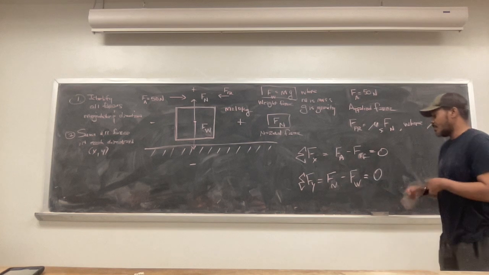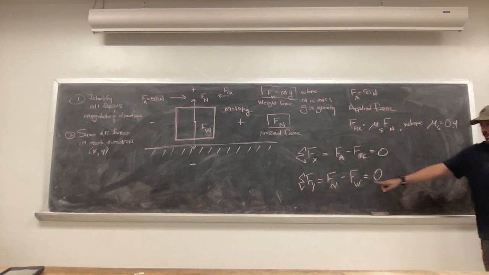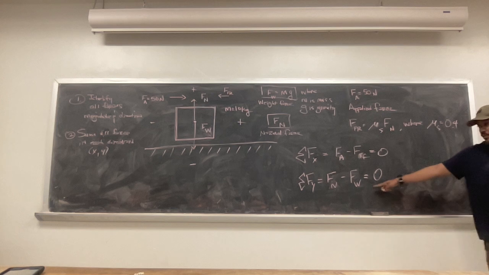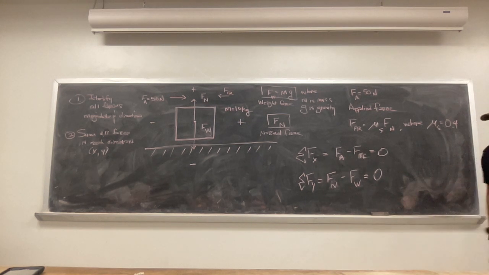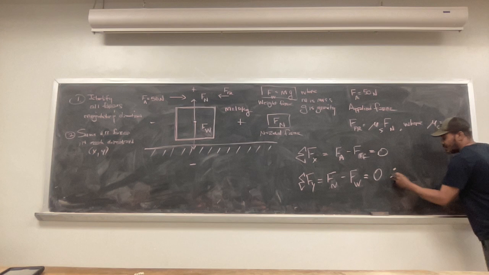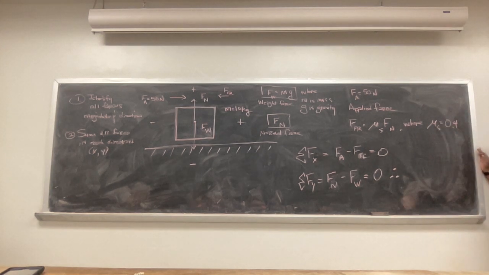So, because we know that in the Y direction, the box does not move in the Y direction ever, right? So we can solve for this right here. So we can say that F of N, therefore, we put the three dots like that, that means therefore, right?